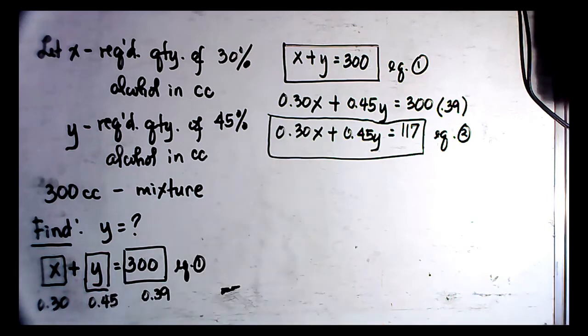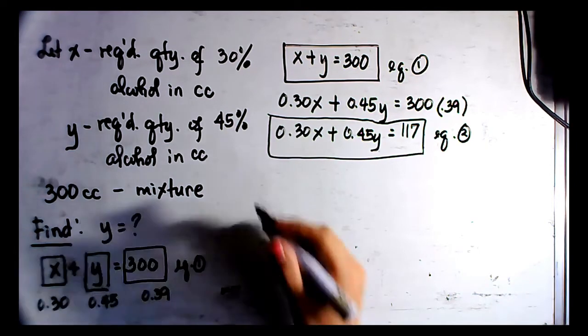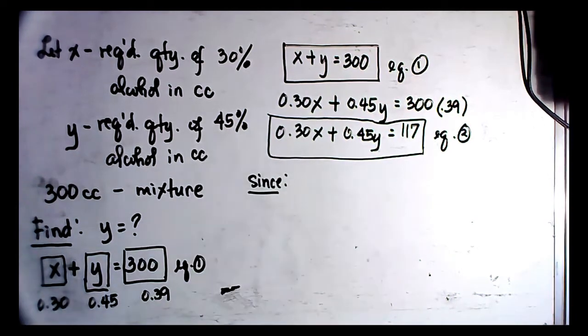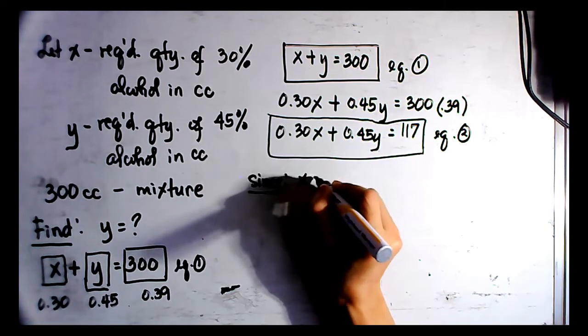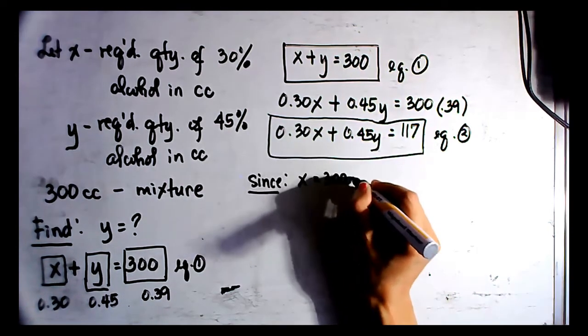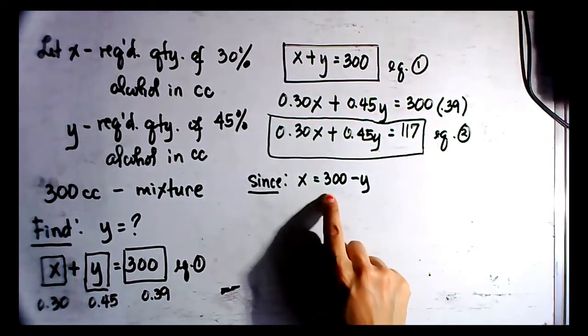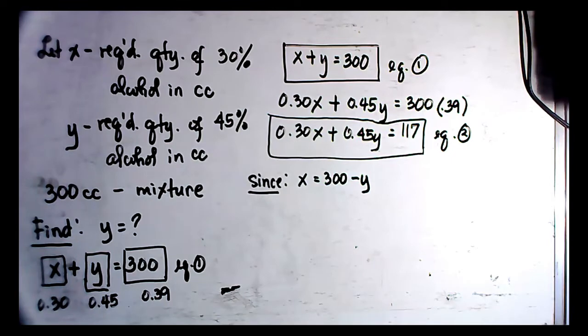remember that x plus y is equal to 300. If we are going to represent x in terms of y, then x will be equal to 300 minus y. Since x is equal to 300 minus y, we can use this value in the second equation.